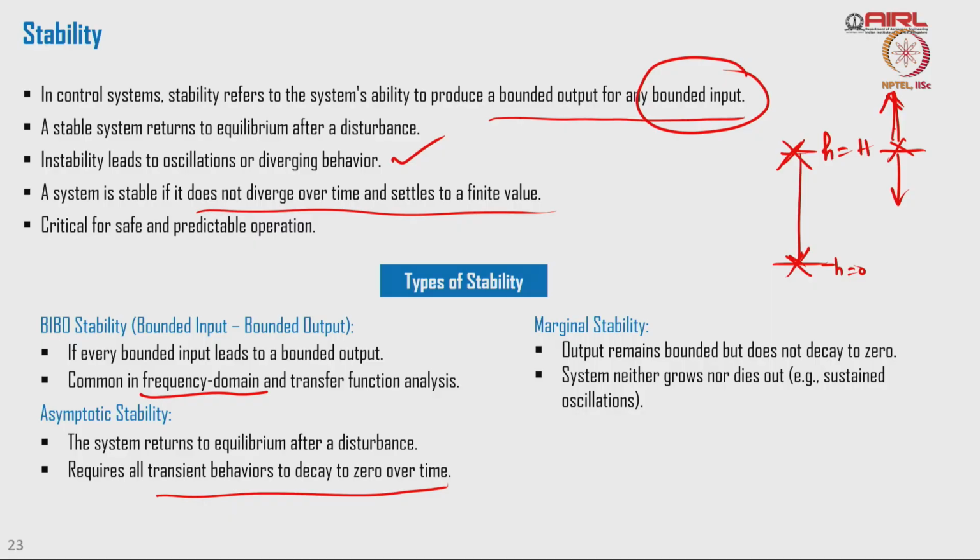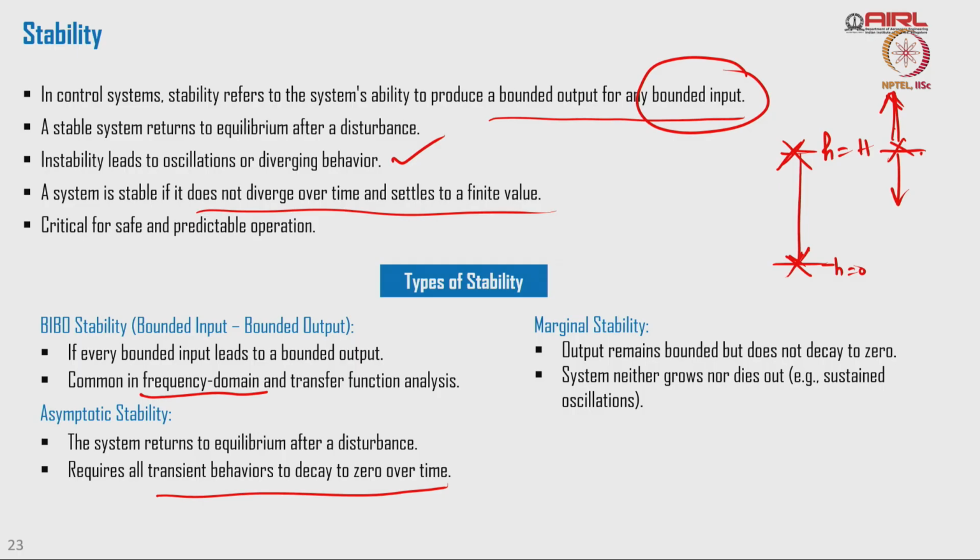Next comes marginal stability. Output remains bounded, but does not decay to 0. That means there is some kind of oscillatory response. In the example I gave, the drone came to the height h, but it is not holding the height, and instead goes down and then up, doing it in an oscillatory fashion.